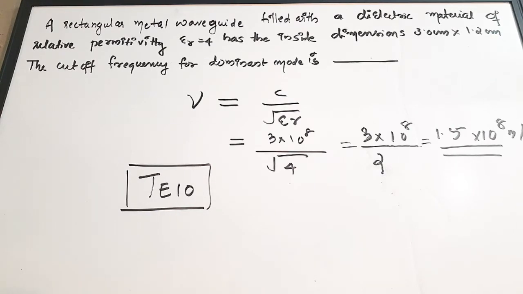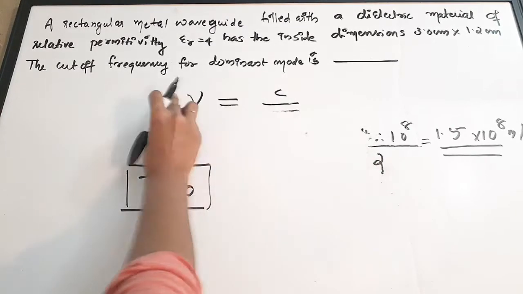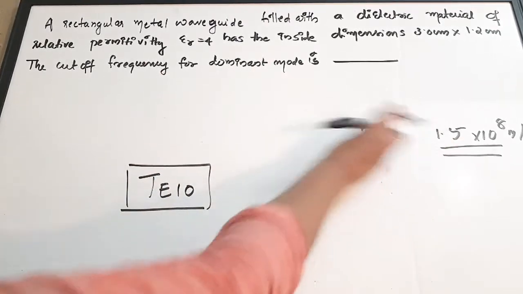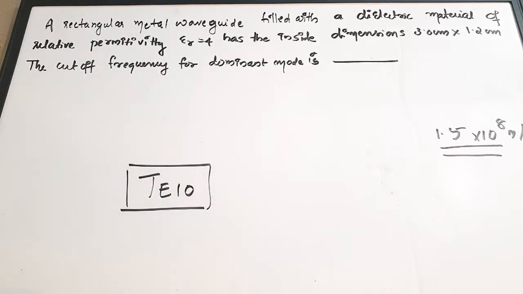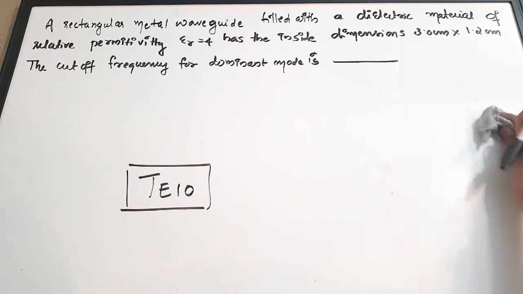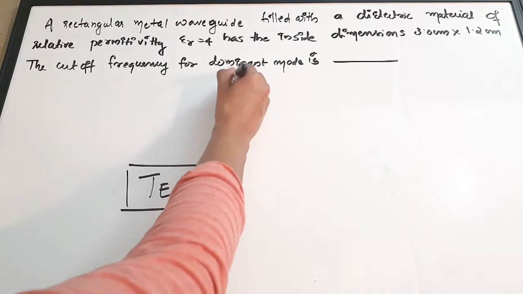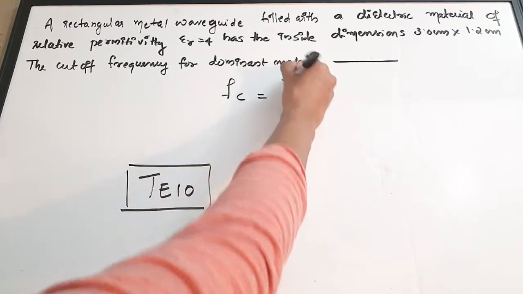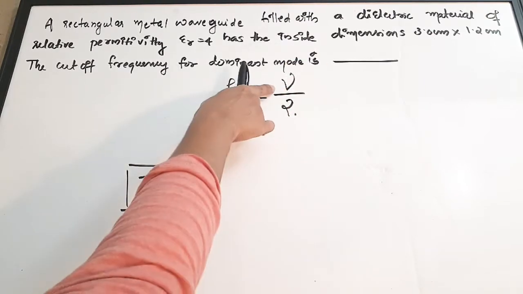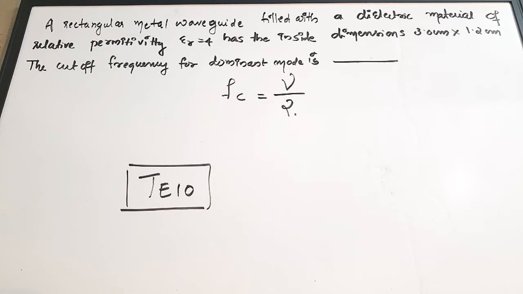I'm going to apply the equation for cutoff frequency. I hope you have noted the speed, because we need that for finding the frequency. So Fc is equal to the speed by 2. Generally you can see C by 2 here, but this is a rectangular waveguide filled with dielectric material, so you have to apply that speed.